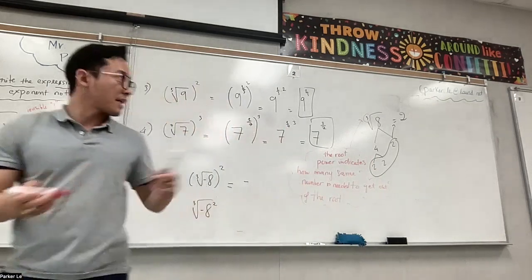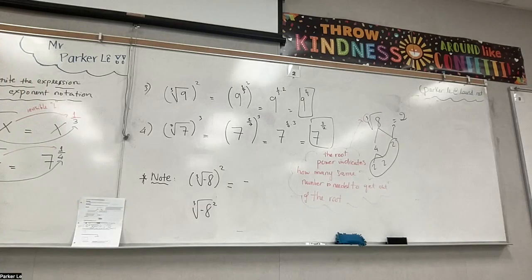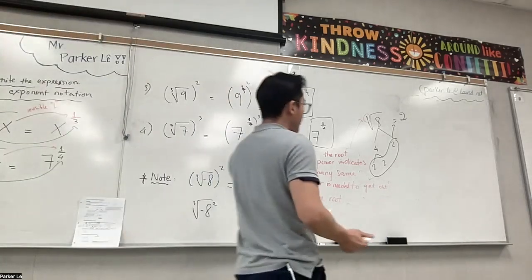So maybe write down the example, cube root of 8. Maybe that helps you. For the 4th root, how many same numbers are we looking for? 4, yeah. And for the 5th root, you need 5 same numbers. Yeah, you got the idea.